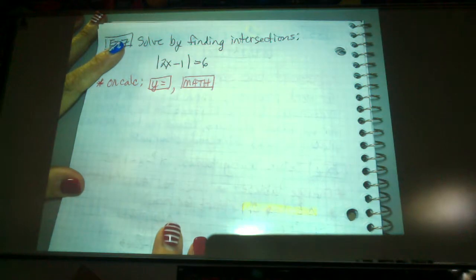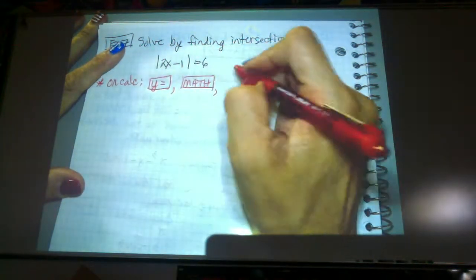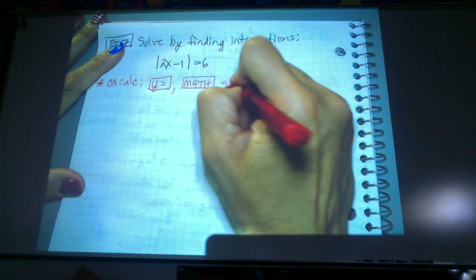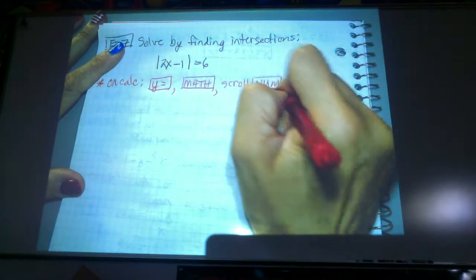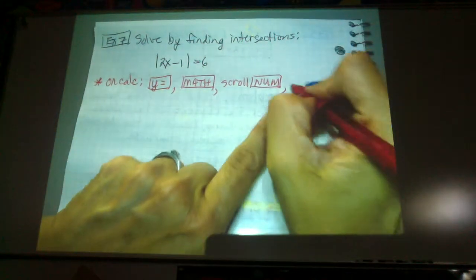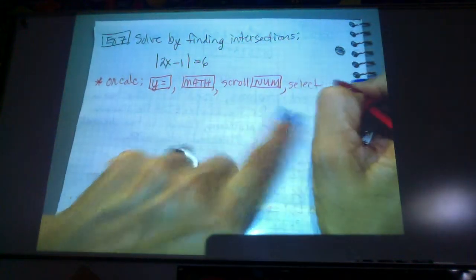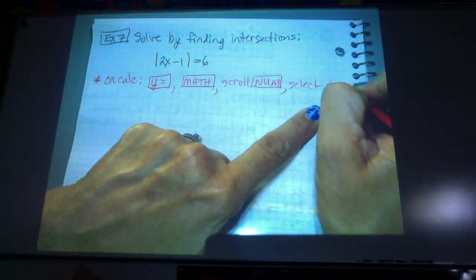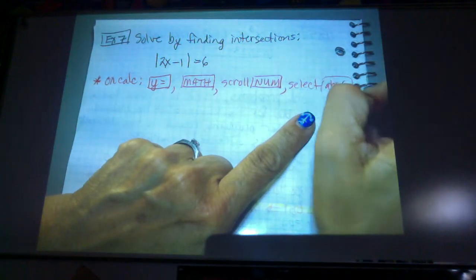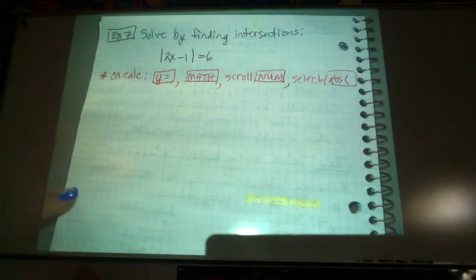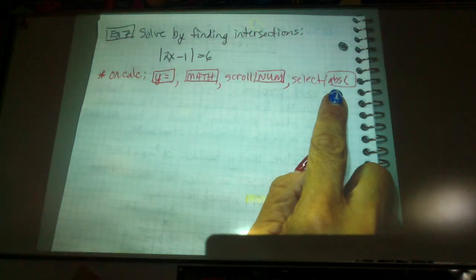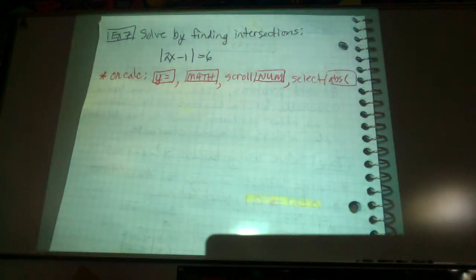From there, scroll right to the number menu, and select ABS parentheses. It will look different on the older and newer calculators. The older calculators keep ABS parentheses, and then you have to close the parentheses. On the newer calculators, it shows the absolute value sign.